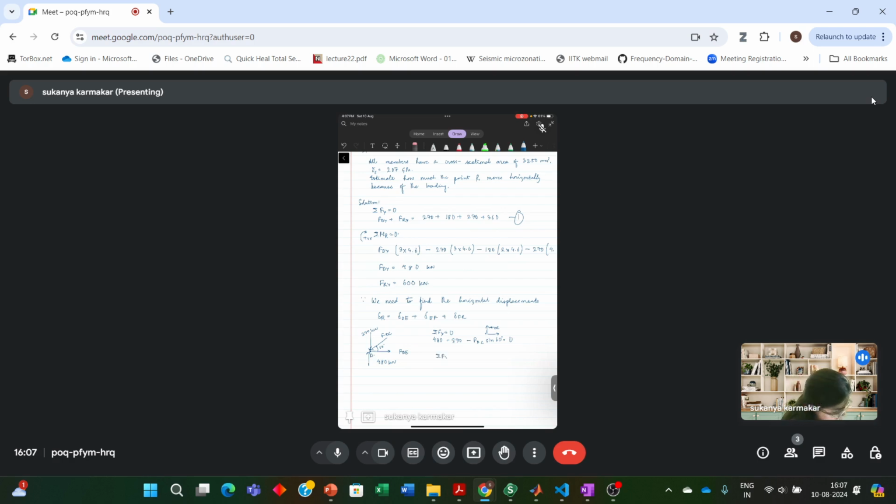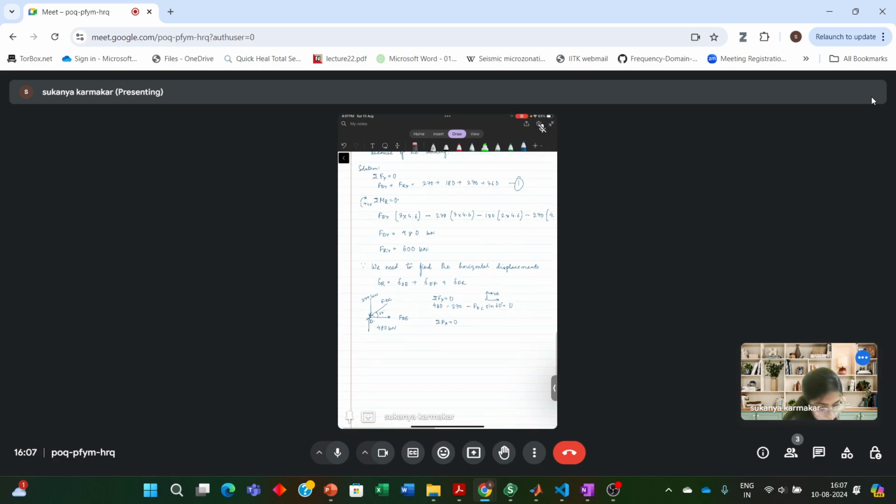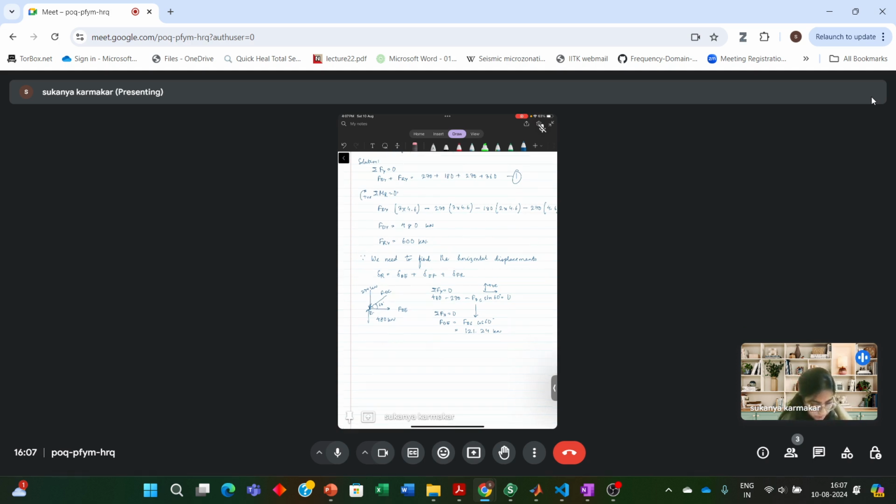Then you write summation of Fx is equal to 0. So FDE is equal to FDC cos 60 degrees. From here you substitute FDC and you get FDE is equal to 121.243. Here I'm skipping a few steps because we already studied how to solve trusses in the previous lecture. That is why I'm skipping some steps here.